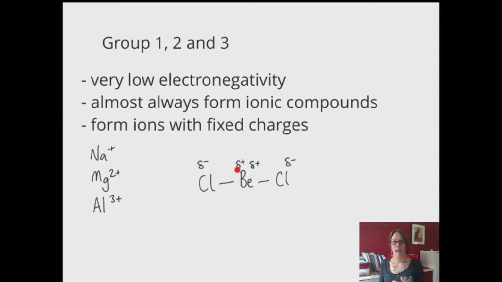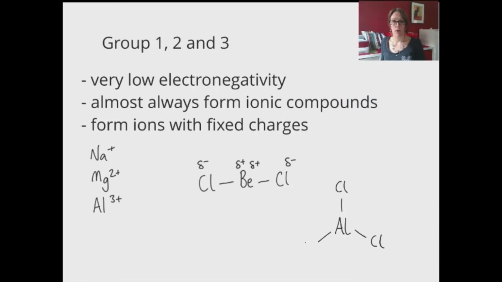However, it's still a polar covalent bond, and so we can think of beryllium as having a +2 charge because it forms 2 covalent bonds in which it is the more positive of a polar covalent bond. Similarly, we looked at aluminium trichloride when we were doing our bonding questions, and we know that it also forms a covalent molecule for the same reason.